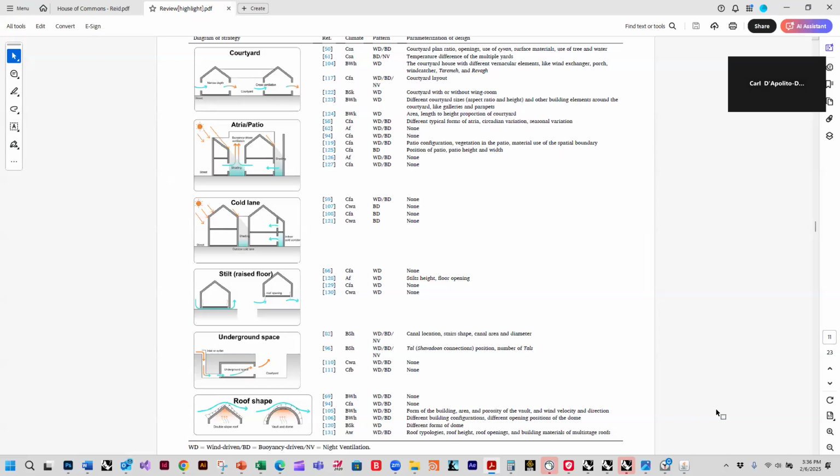Okay, and then when you raise up something, it creates an area underneath where the air speeds up, and that can end up also being ventilated through the floor. That's very common.